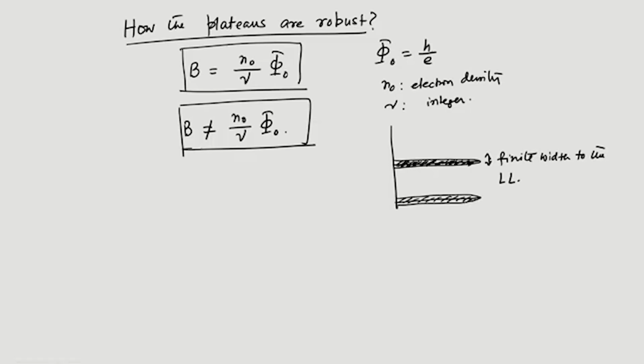Okay, so the sigma xy remains constant, or the rho xy remains constant, as the chemical potential sweeps through this, or the magnetic field is increased.